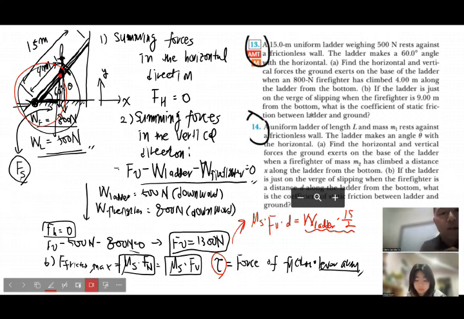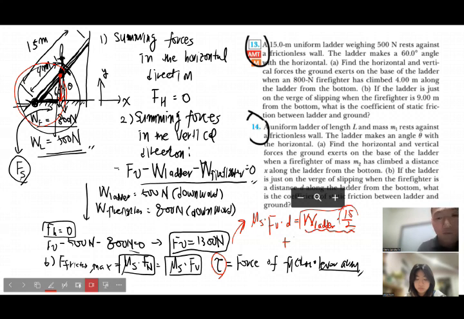So gravity pulls only at that center of mass downward, and so the effective radius of this torque should be 15 over 2, half of the ladder.